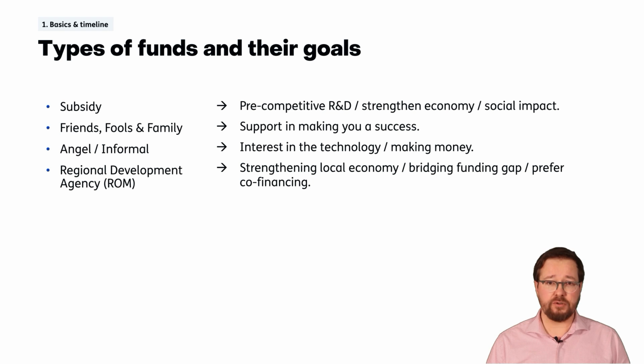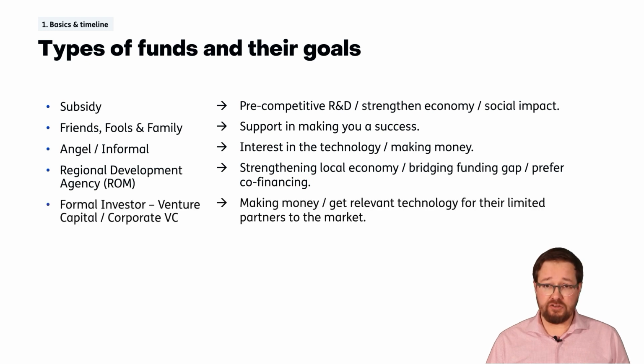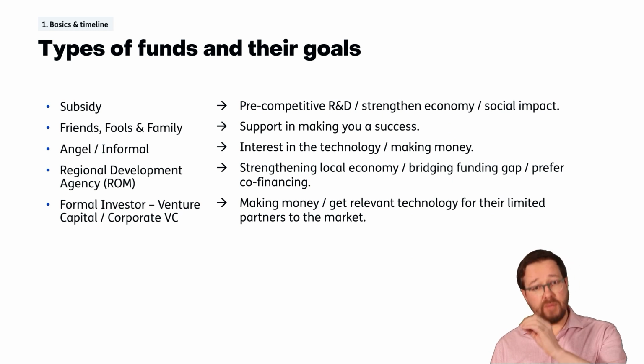The step after, or sometimes at the same time, are regional development agencies or regionale ontwikkelingsmaatschappijen, also known as ROMs. These are semi-government regional investment funds that typically invest in the pre-seed and seed stage. They usually co-invest with formal investors and they expect you to be active in their geographic regions. Formal investors or venture capital firms are professional organizations with one job: investing money to make money.